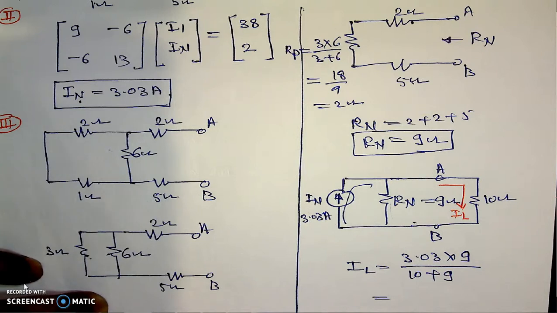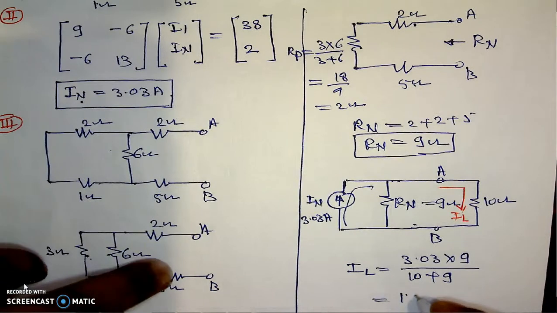If we simplify it, we get the answer: 9 into 3.03, which is 27.27 divided by 19, which is 1.43.